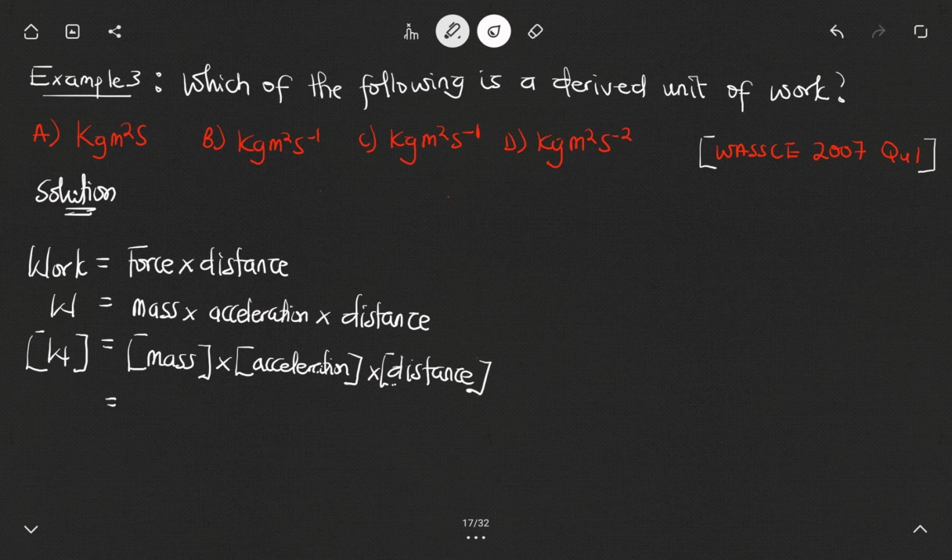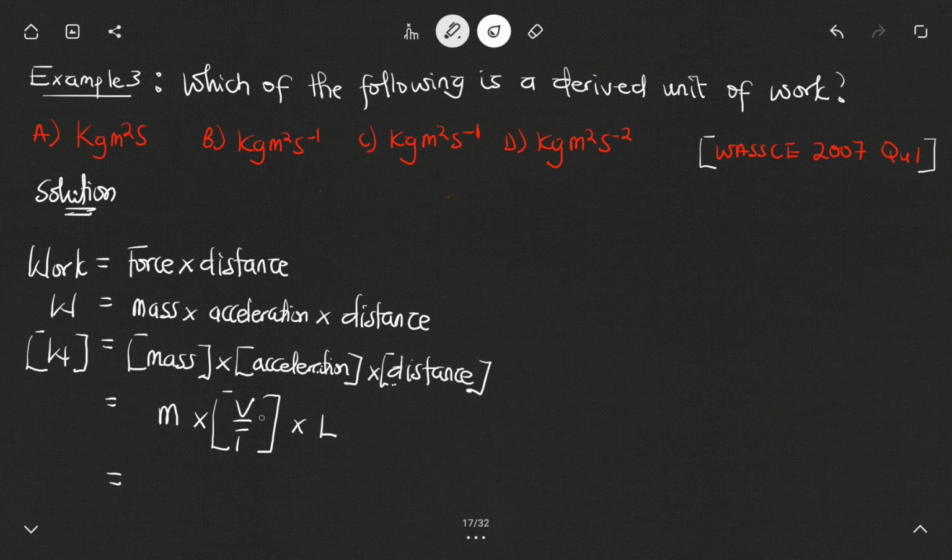Mass gives me m. Acceleration is velocity over time, the rate of change in velocity. Multiplied by distance, which is l, the dimension of distance.